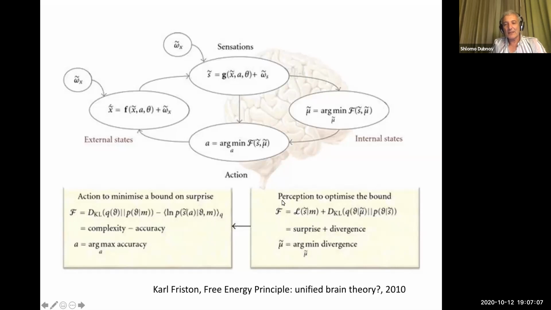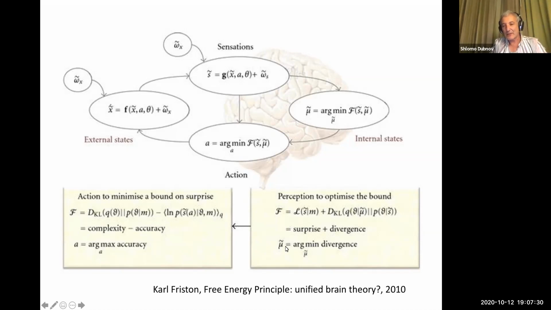One is that the role of perception is to optimize this kind of surprise. We said the brain wants to minimize the surprise, and it tries to match the internal structure of the world by its own internal structure, and this is the divergence.